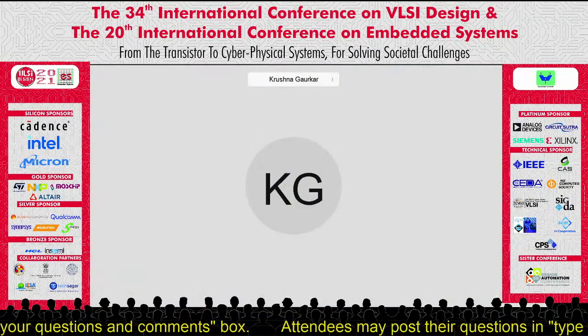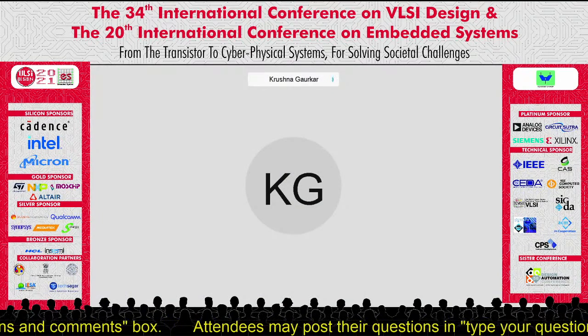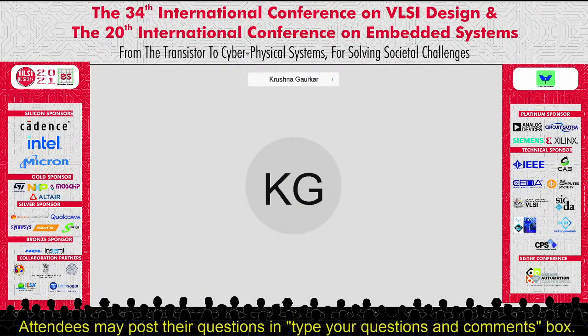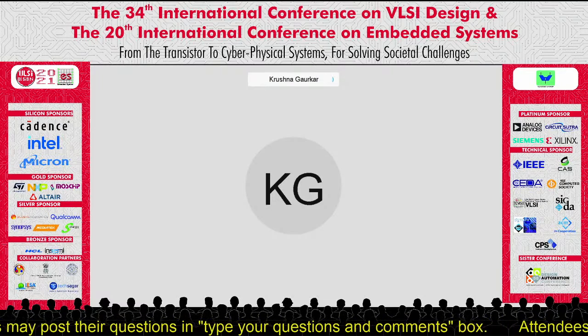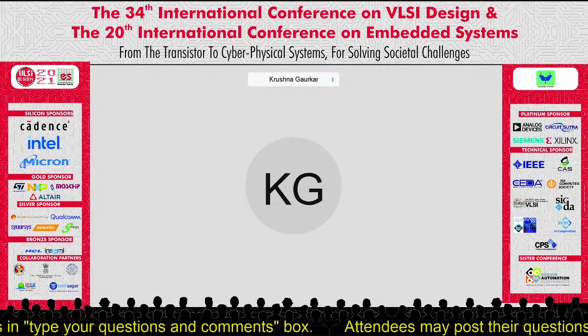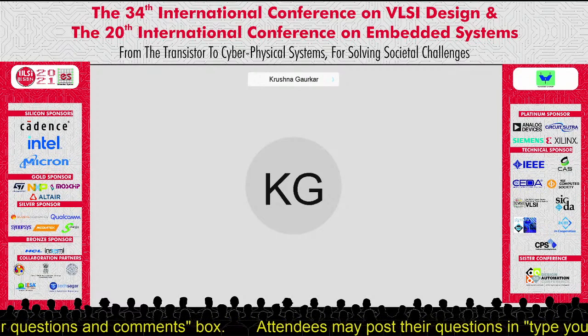Thank you, Professor Panda, for this question. In this research, we mainly focus on homogeneous multiple processors. But I agree that there are different processors out there wherein the specifications are different.